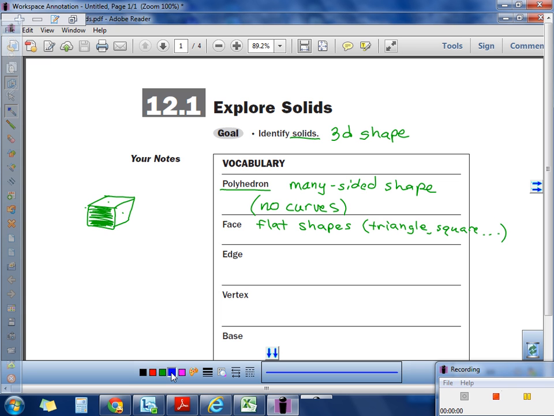Edges are the next important vocab word. An edge is a line segment. So there's one edge. Here's another edge, another edge. So we have a lot of edges on this shape. So an edge is just a line segment.